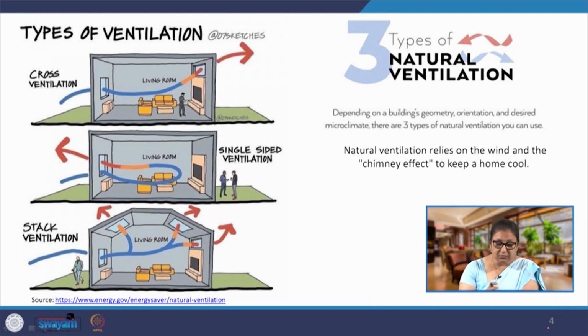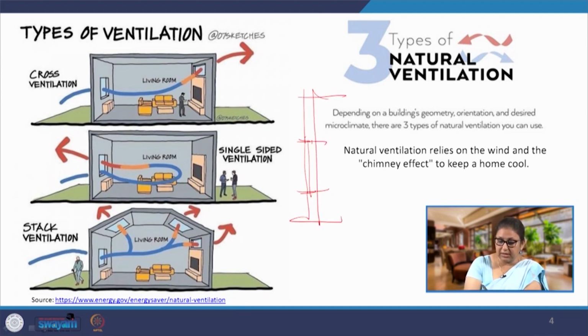And in case we have opening only on one facade, then we are looking at single sided ventilation, in that the same window, the same fenestration, when we are looking at a wall section, is acting as an inlet as well as an outlet, and thereby reducing the circulation of air within the space.